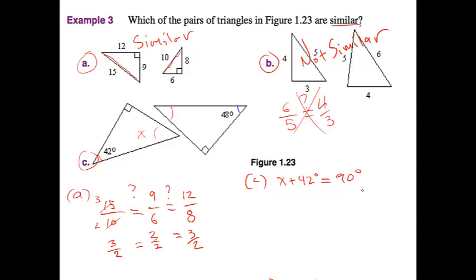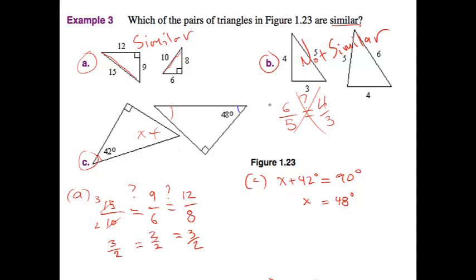Because 90 plus 90, right? So these two have to add to 90, and then we add it to that 90 to get 180. So really I can just write the shortcut that these two have to add up to 90 degrees. Solving, subtracting 42 from both sides, tells me that this is 48 degrees. So I know that x is equal to 48 degrees.